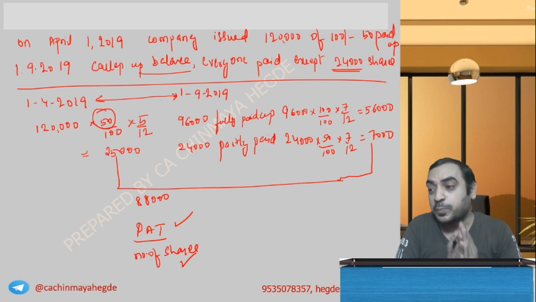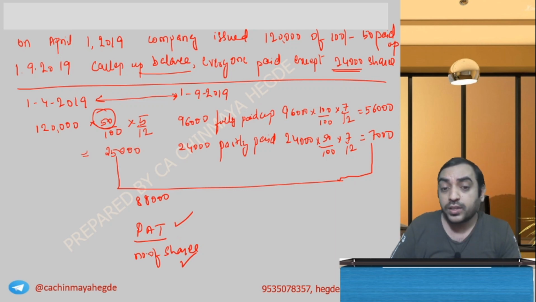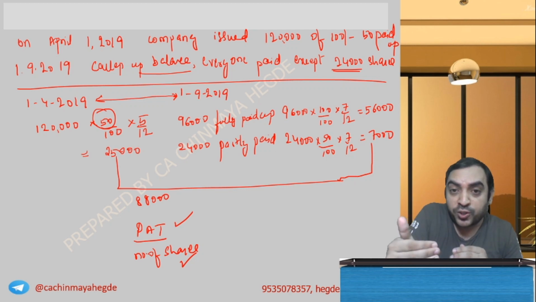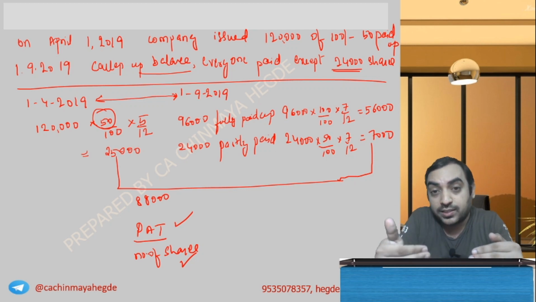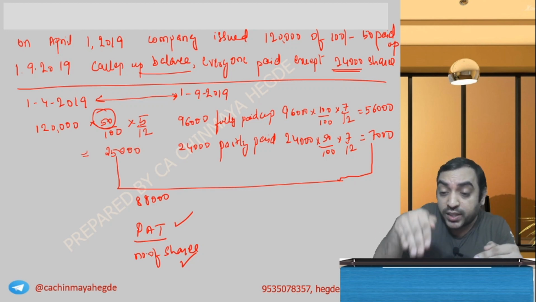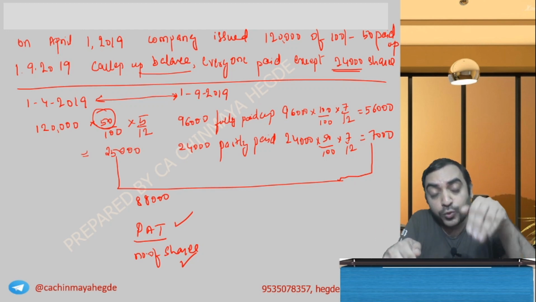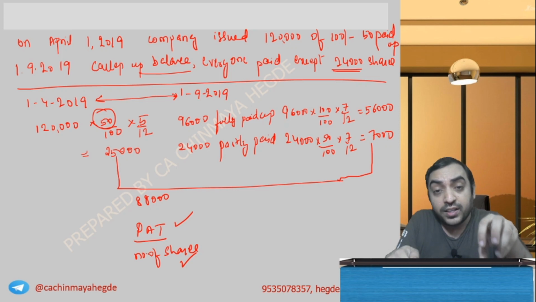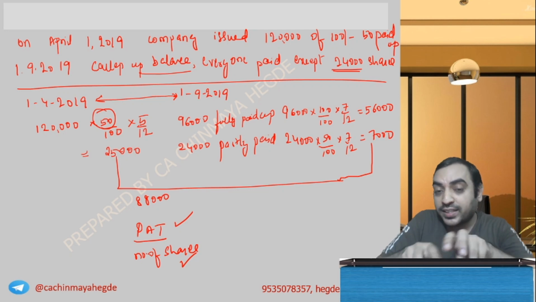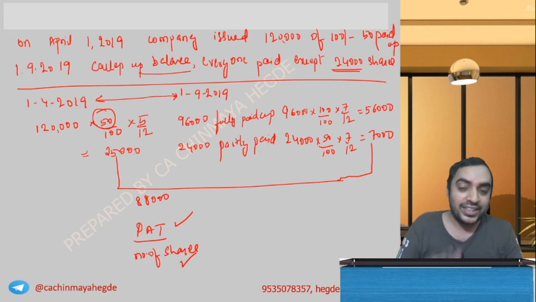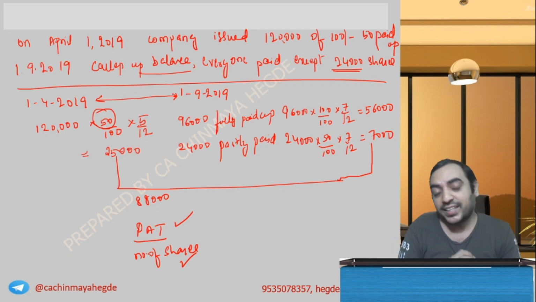It's a matching principle. When my number of shares comes into the picture, only from that point can I make profit using it. My profit is during the year, therefore my number of shares also should be proportionate to the number of months, so both match. Hope you understand this logic.